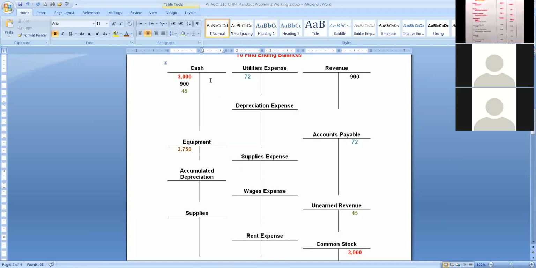Cash is 938. And accounts payable is 2812.